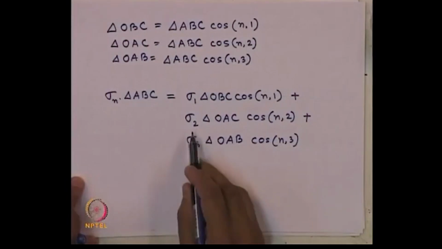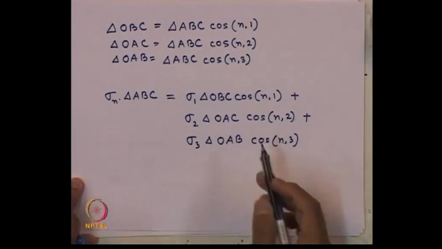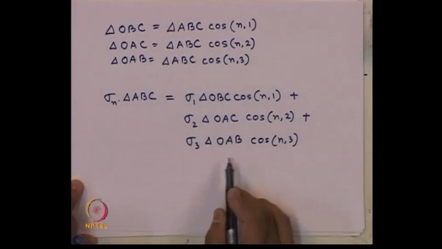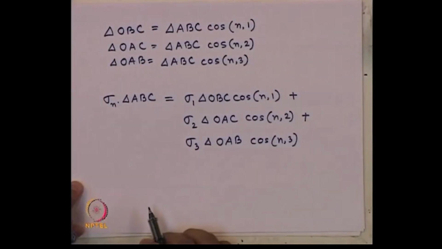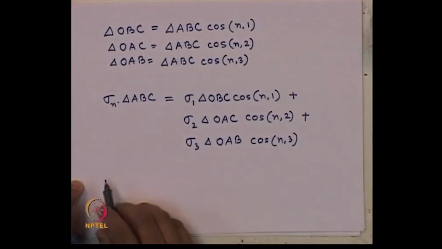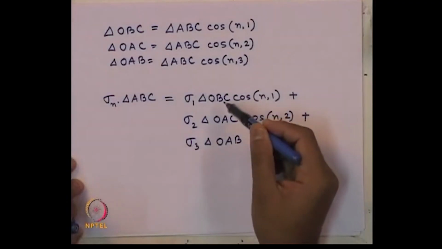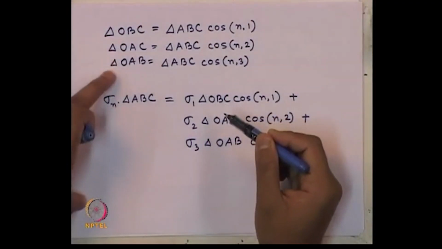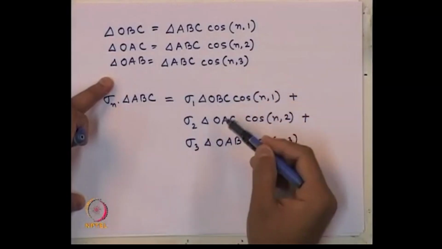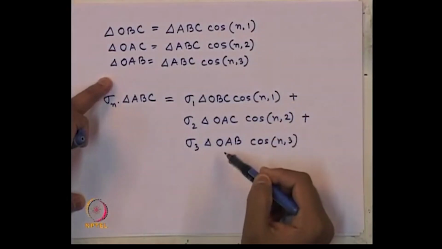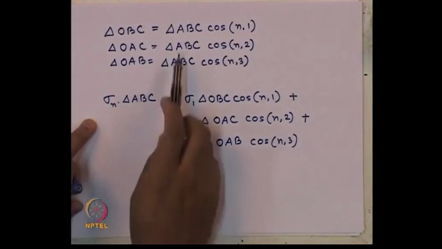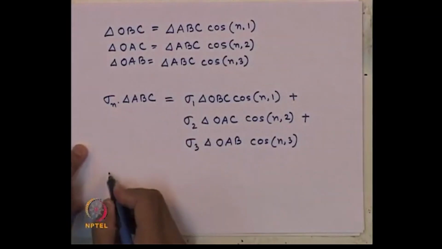Similarly, for the other two, sigma 2 OAC times its projection, and sigma 3 OAB times its projection. Now if we put the OBC, OAC and OAB expressions from this relation into this expression, then ABC from both sides will get cancelled.